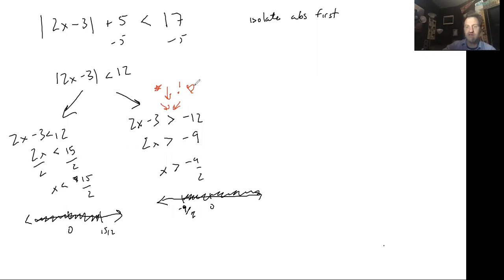So there's this kind of implicit thing that happens with absolute value and inequalities, which is that if you have the absolute value less than, you're creating kind of a little boundary where things have to exist in between, which means that's an and statement.